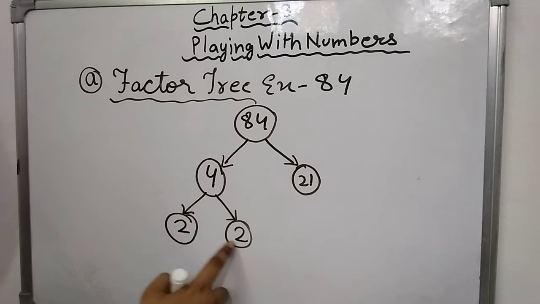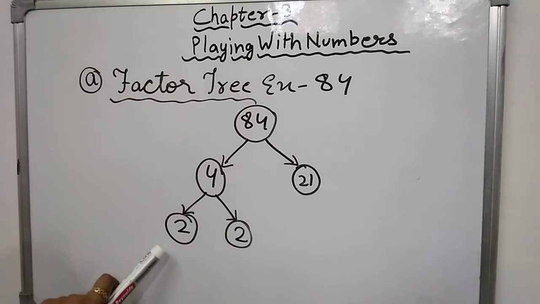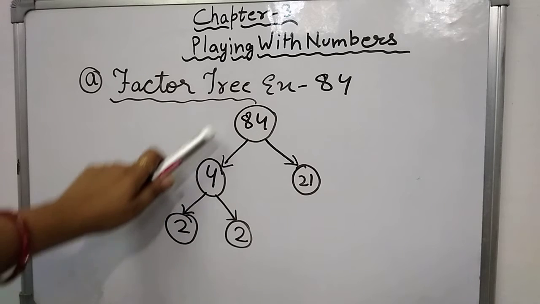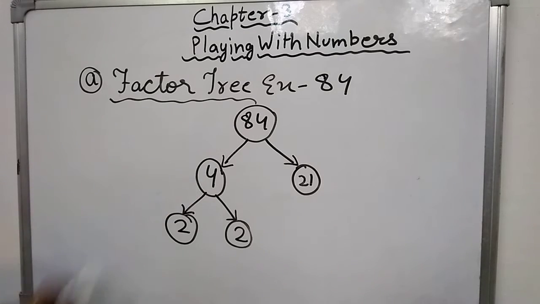Now we know 2 is a prime number. We can call them prime factors. So we have reached the prime factors from the factor 4 of 84. These prime factors we will not bifurcate further. They will remain as they are.